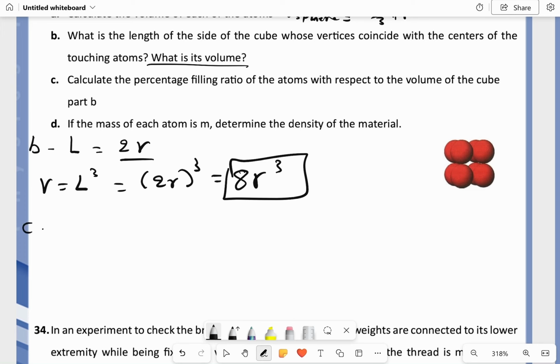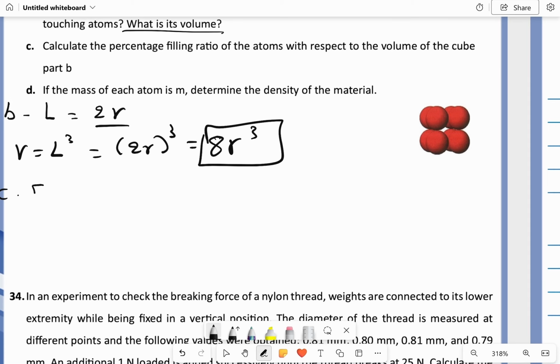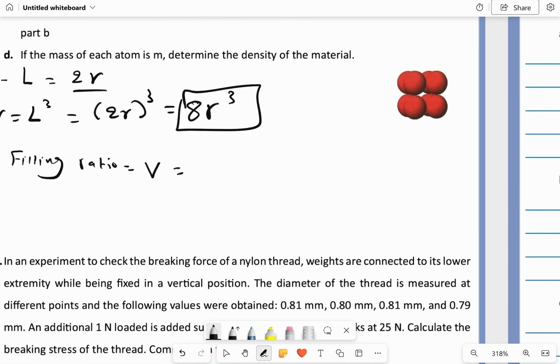C, it says calculate the percentage filling ratio of the atoms with respect to the volume of the cube, part B. So filling ratio is equal to V, the volume, then M, mass of the atoms, divided by 8r cubed, multiplied by 100, because you are finding the percentage.